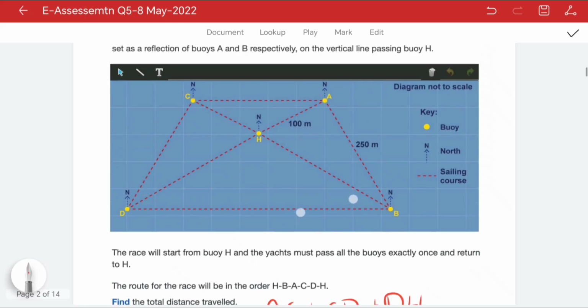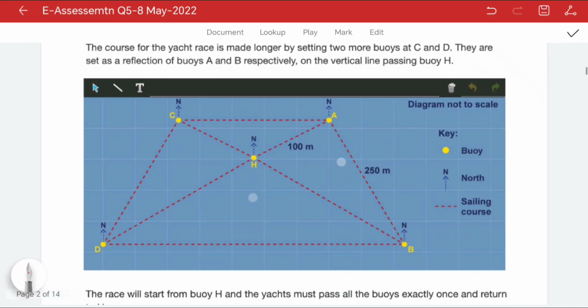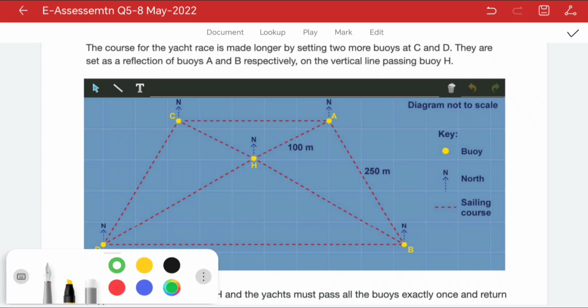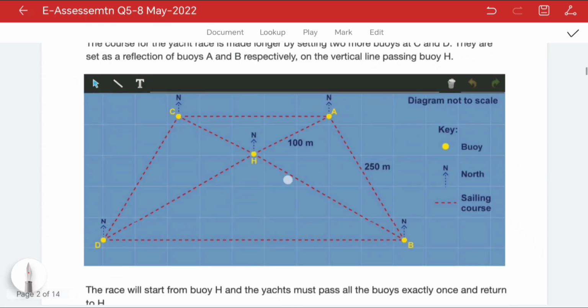From the previous question, we already have some information. As we just calculated, HB is 269, so DH is also 269. This is 100, so this is also 100. This is 250 we calculated.